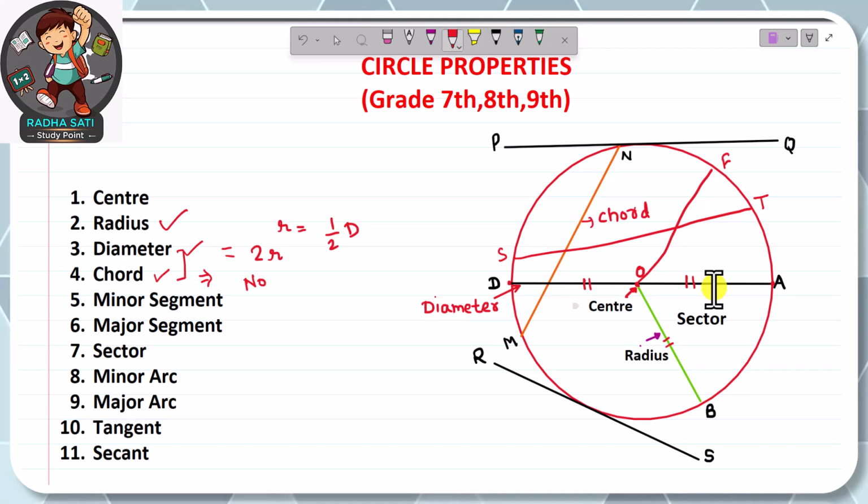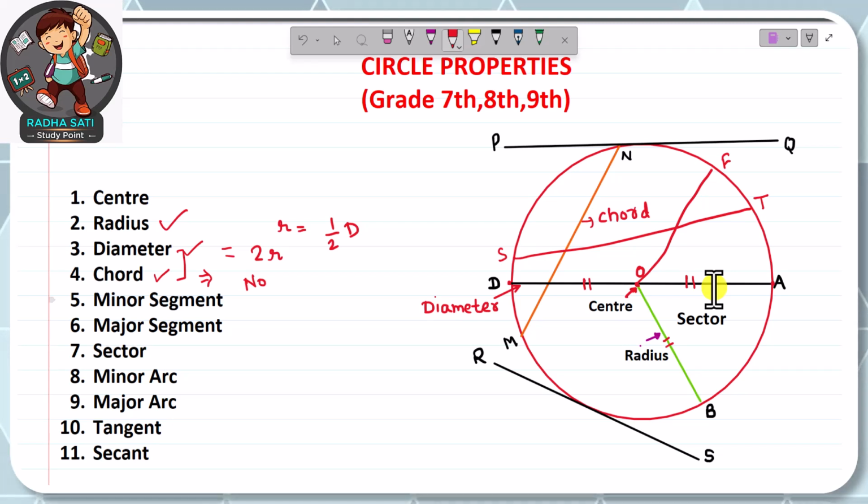A diameter will necessarily pass through its center, but a chord can pass through anywhere. The condition is that both its end points should be on the boundary of a circle. Okay, and the longest chord is the diameter. Sometimes this type of question comes: which is the longest chord in a circle? So you can write diameter is the longest chord. So yes, diameter is also a chord.